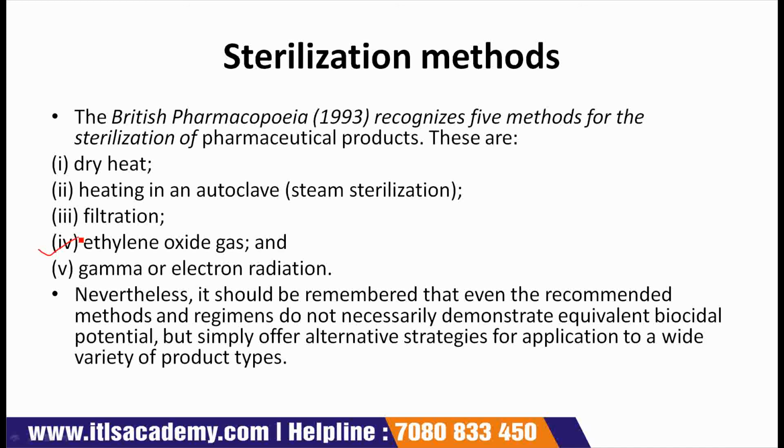Fourth method for the sterilization is ethylene oxide gas, and fifth one is gamma or electron radiation. These are the 5 methods for sterilization given by the British Pharmacopoeia. We will discuss all these methods in great detail in our next lecture.